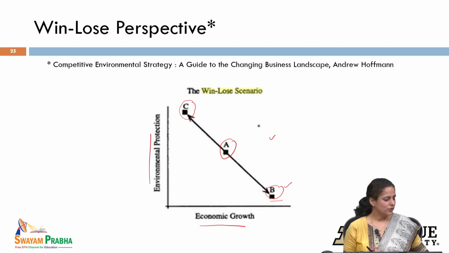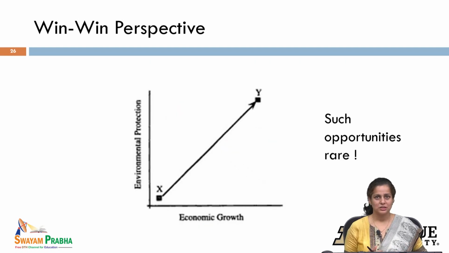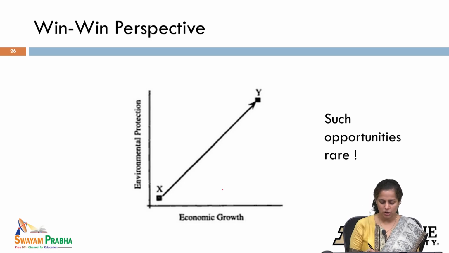However, there is another viewpoint, which is the win-win perspective. In the win-win perspective, we are also talking about economic growth and environmental protection. You see that the X option is where we have low economic growth and also low environmental protection.